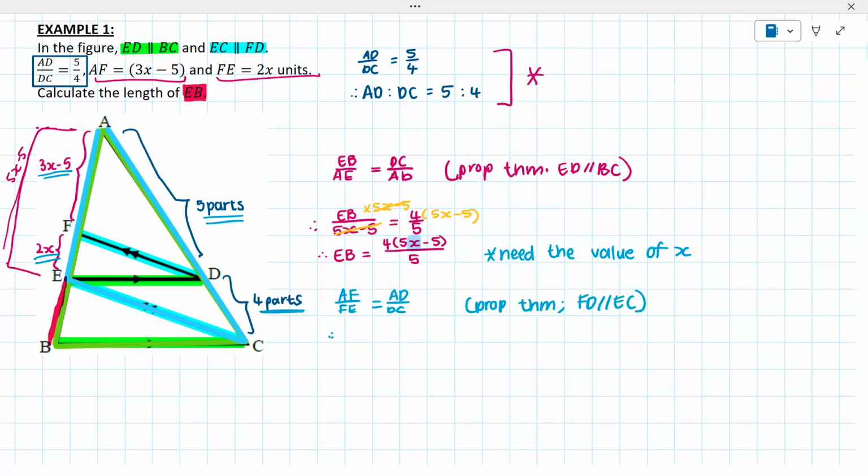Now I sub in what I know. So I'm using exactly the same method as I used to set up that first proportion. AF is 3x minus 5. FE is 2x. AD is 5 parts. DC is 4 parts. Great. I have got an equation I can now go and solve.